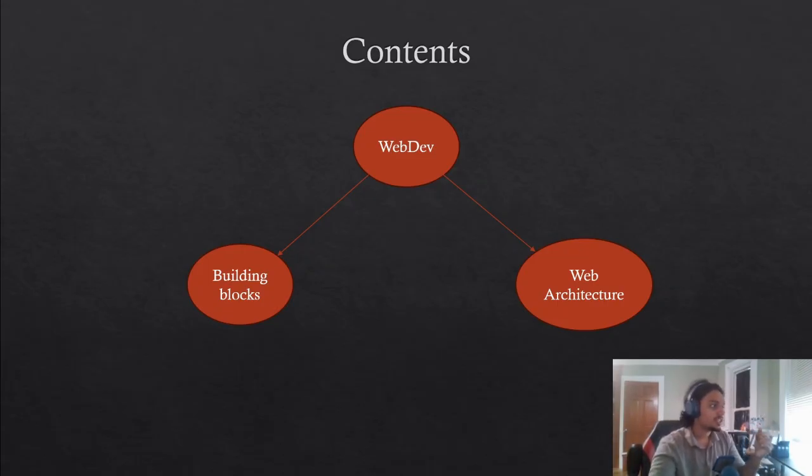So essentially, we have broken down web dev into two different components: the building blocks, where you actually build your website, and the web architecture, which is essentially navigating the internet in a way on how to actually visit a website and the database of the website. We'll be going into it.